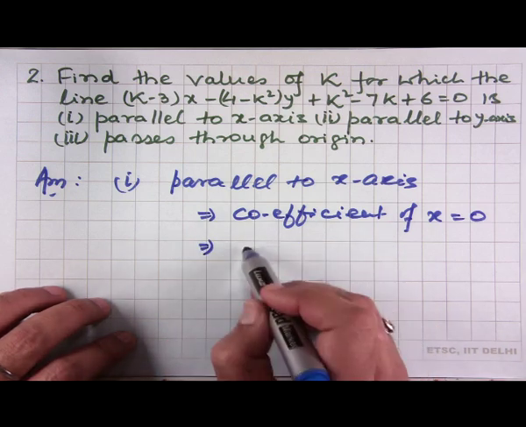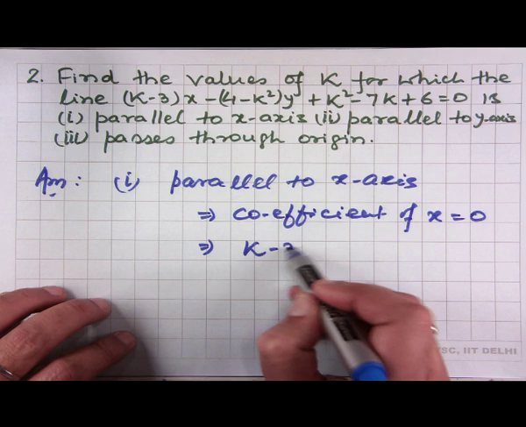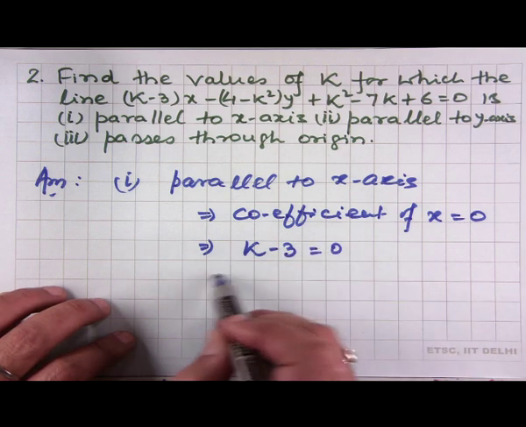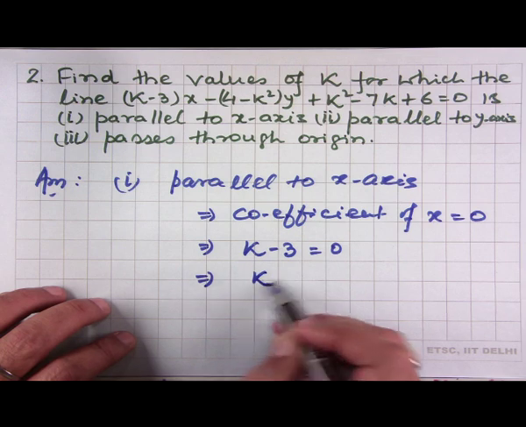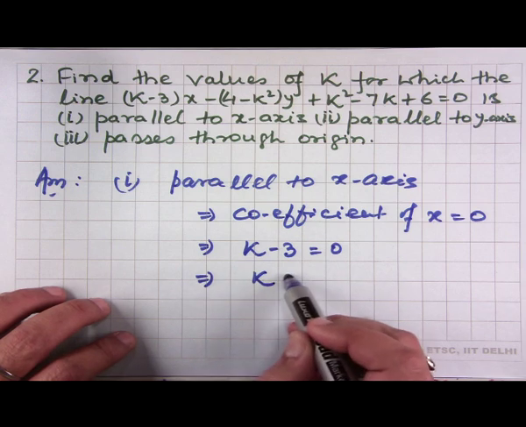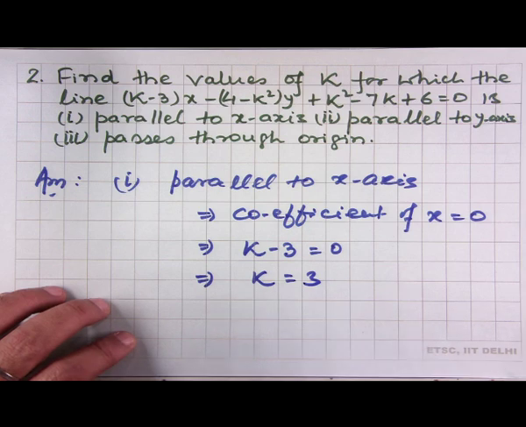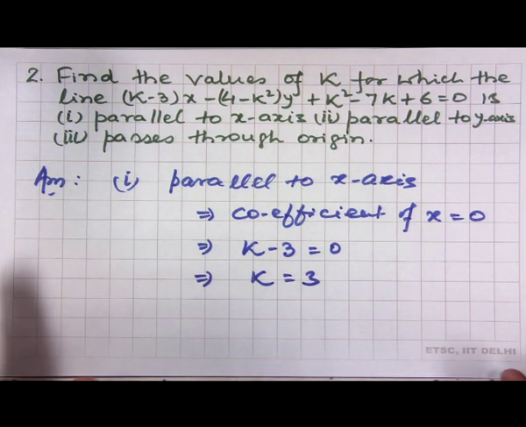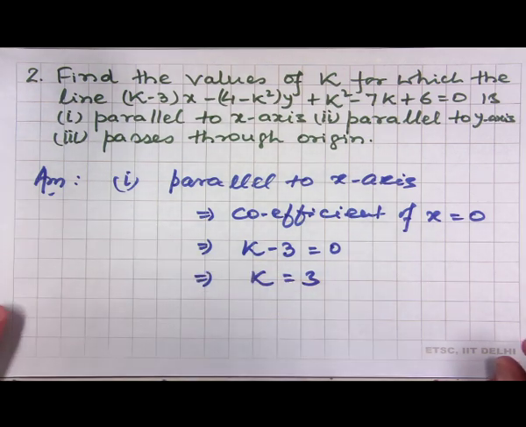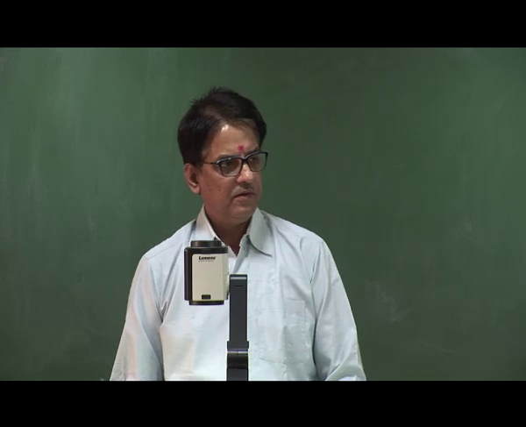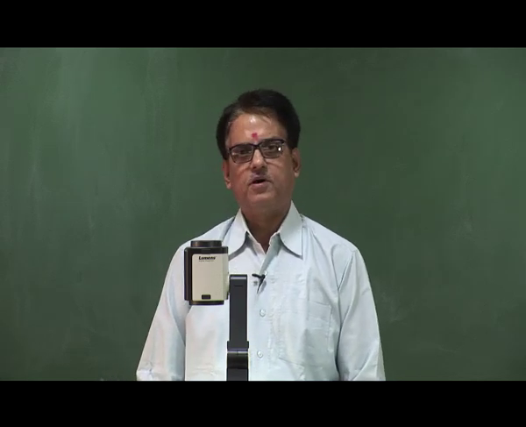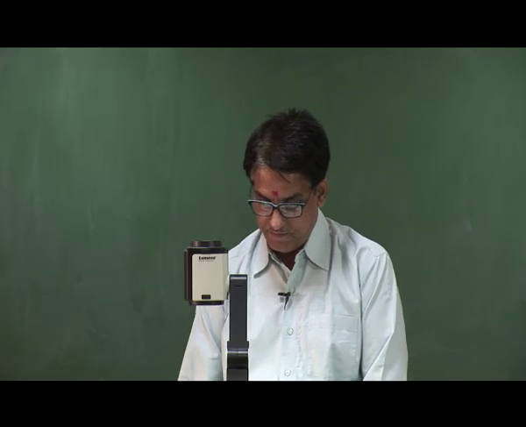This implies k minus 3 equal to 0. This implies k is equal to 3. Now the question is, why is the coefficient of x equal to 0? Because when a line is parallel to the x-axis, its slope is equal to 0. That's why the coefficient of x is equal to 0.